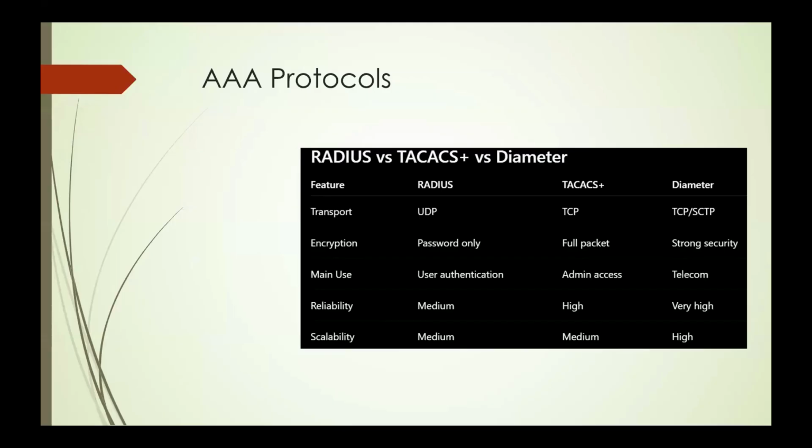RADIUS is common in network authentication. It combines authentication and authorization, and it also encrypts passwords. Whereas TACACS+ will encrypt the full packet, and Diameter has stronger security when compared to both RADIUS and TACACS+. TACACS+ is a Cisco protocol that encrypts the full packet and separates the AAA functions.